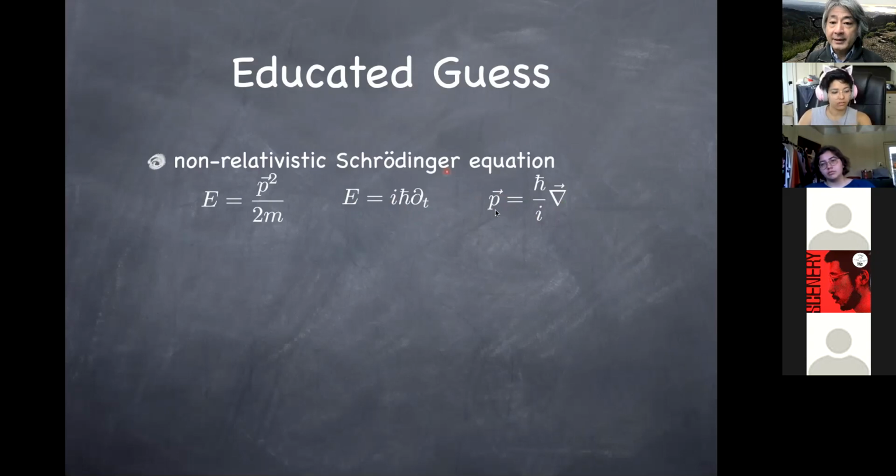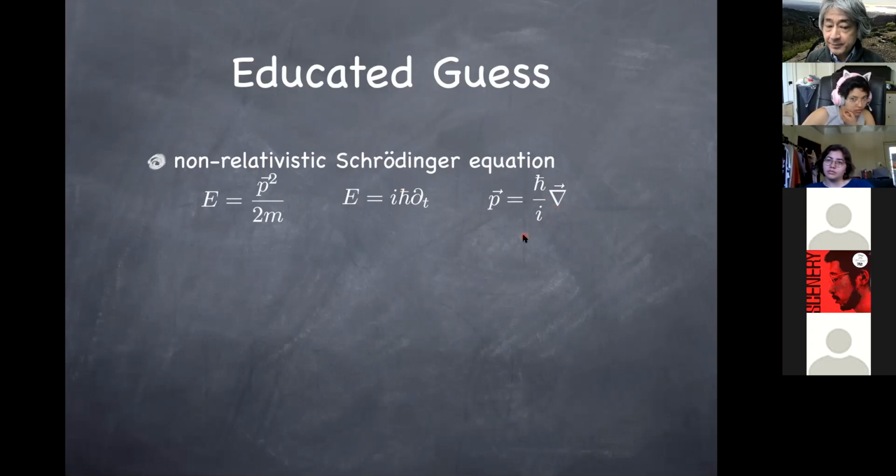So we now get this idea, to be consistent with relativity, that energy is described by the time derivative, and spatial momentum is described by the spatial derivative. So this part looks relativistic, but E equal p squared over 2m is not. So now we know what we should do to come up with an educated guess of the field theory equation. We preserve this piece, E is del t, p is gradient.